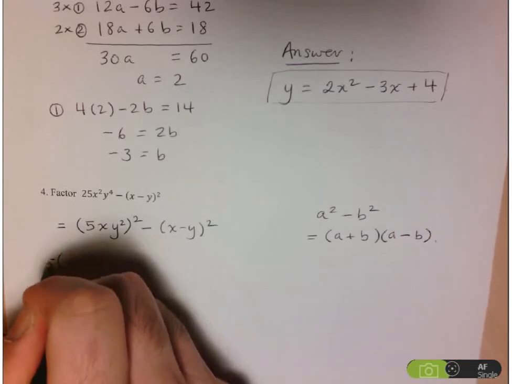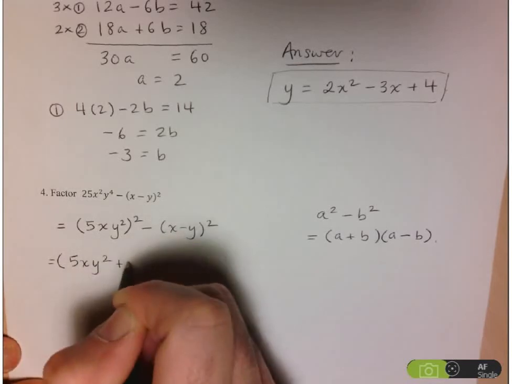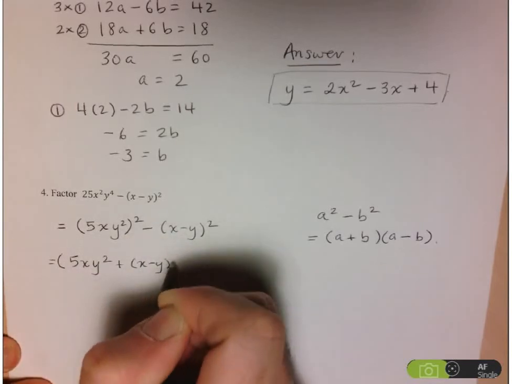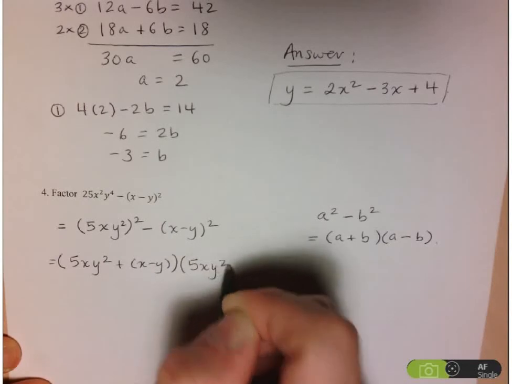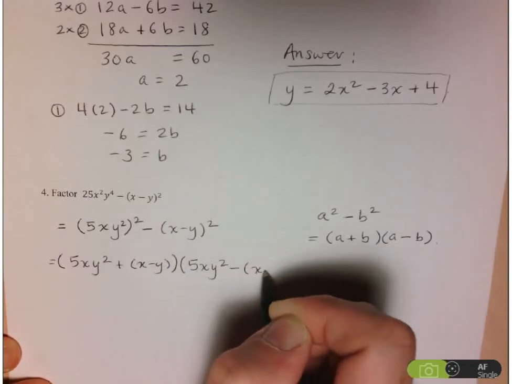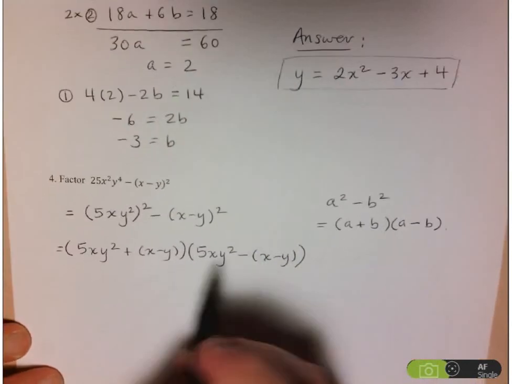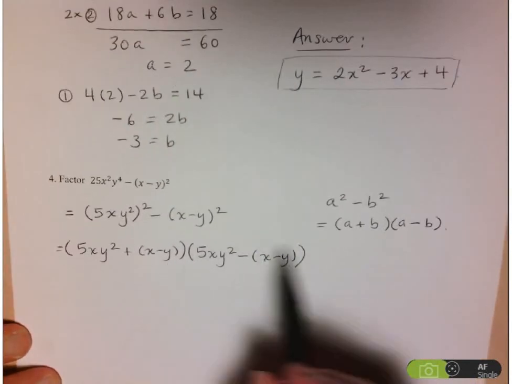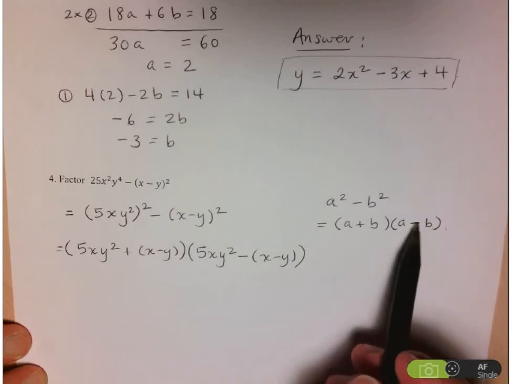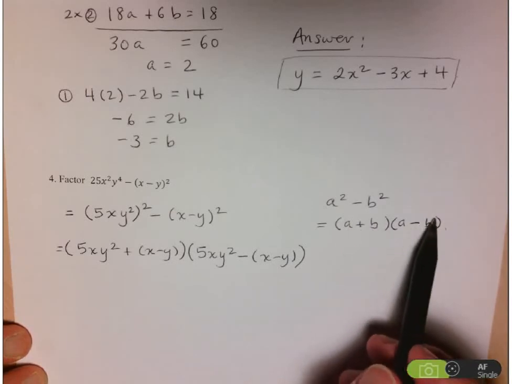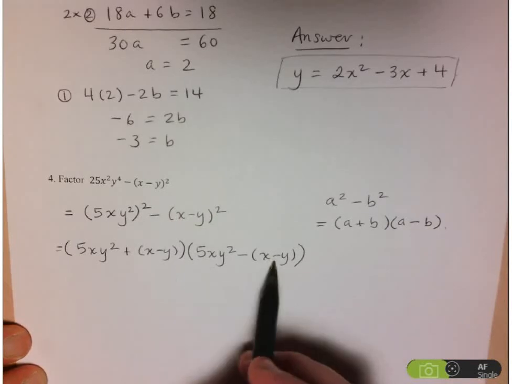Okay, so we've got the first, which is 5xy squared plus x minus y, and then we've got the first 5xy squared minus the second x minus y. Okay, now notice here I put these in brackets, because when I look at my formula, it's a plus b, a minus b. I have to subtract the whole second expression, and so again I err on the side of caution. I always use brackets.